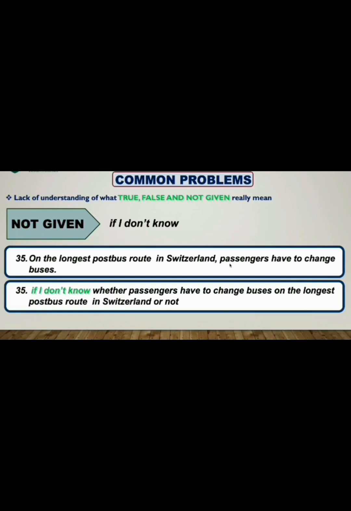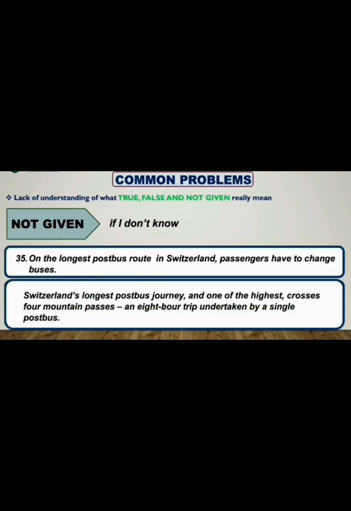But many IELTS students pick not given with this excerpt from the text. Now let's look at whether we know if you would change buses or not. Switzerland's longest post bus journey, in one of the highest, crosses 4 mountain passes, and it is an 8-hour trip undertaken by a single post bus. Let's look at this sentence here.